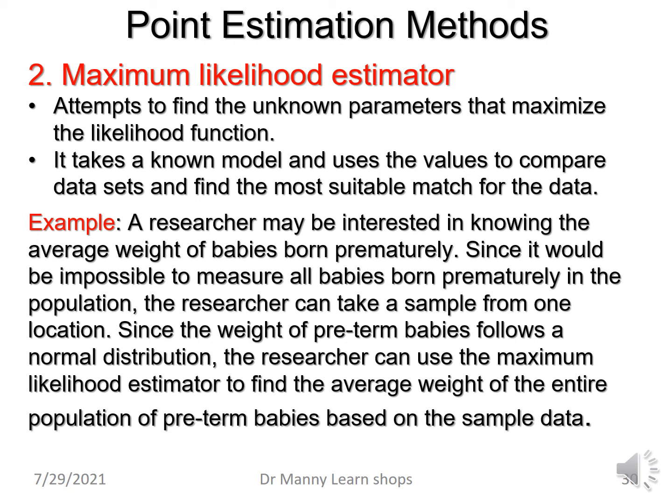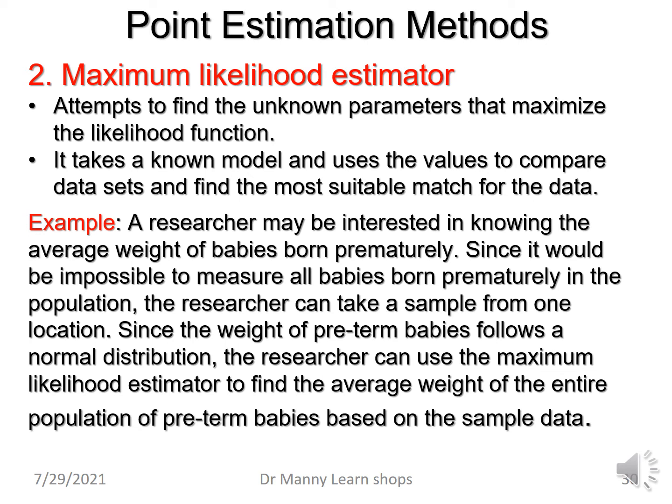Then you've got the maximum likelihood estimator, and this attempts to find the unknown parameters that maximize the likelihood function. It takes a known model and uses the values to compare data sets and find the most suitable match for the data. So for example, a researcher may be interested in knowing the average weight of babies born prematurely.